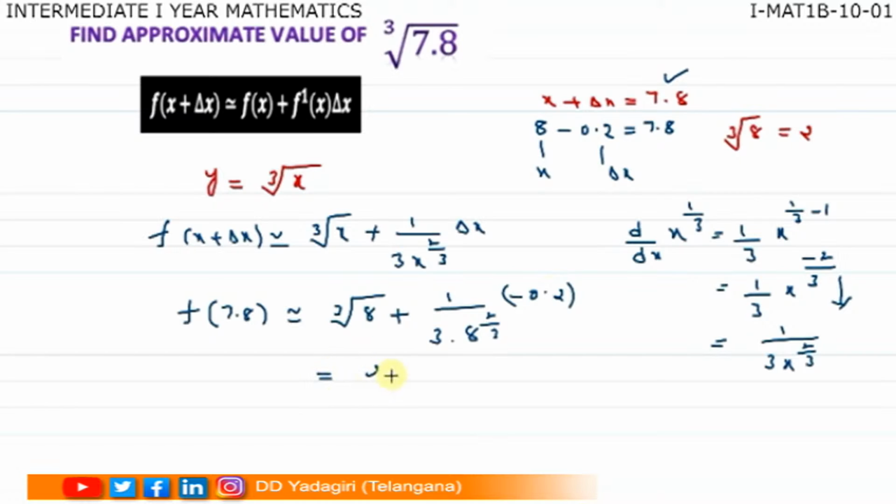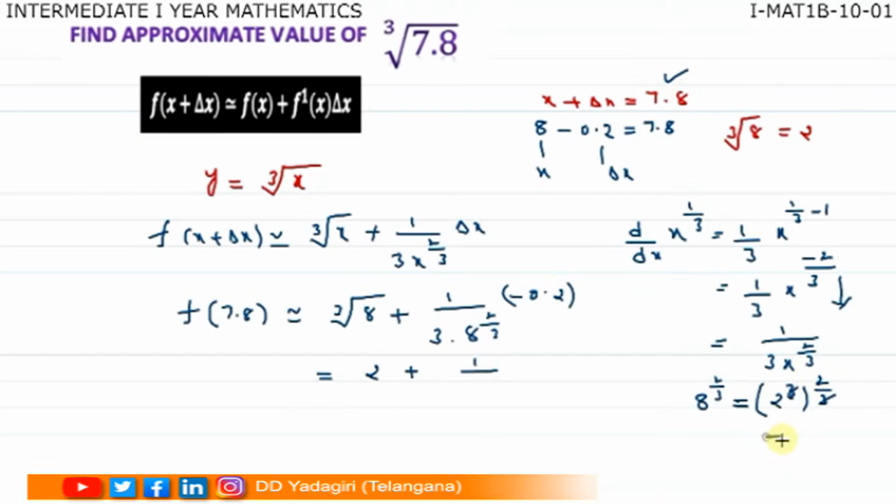Now this can be written as 2 plus 1 by 3 into 8 to the power of 2 by 3, which means 2 cubed whole to the power of 2 by 3. 3 gets cancelled.